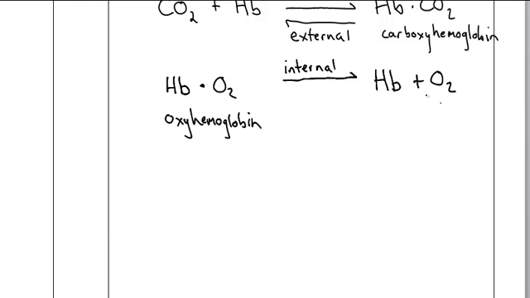In contrast, if you're in a situation where O2 is really high, it's going to bind to hemoglobin and push the reaction to form oxyhemoglobin, as it does during external respiration.